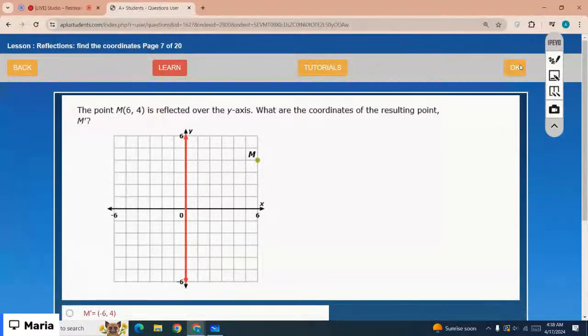The point M 6, 4 is reflected over the y-axis. What are the coordinates of the resulting point?